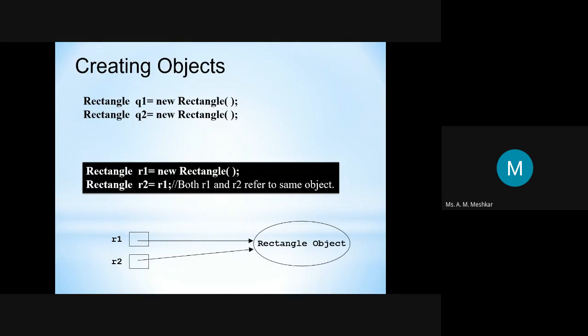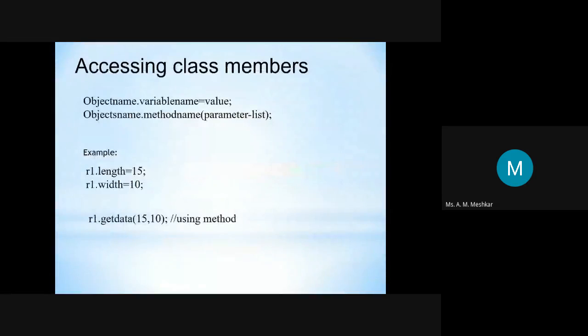Reference variables are created which refer to the actual object of the respective class. Then accessing class members: the class members are data fields and the methods of the class. So we can access them using the object name and the dot operator. Here you can see the examples.